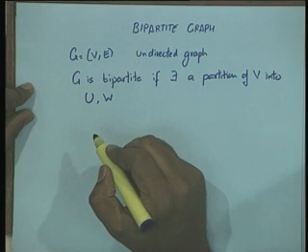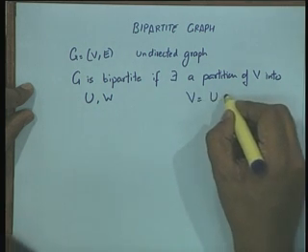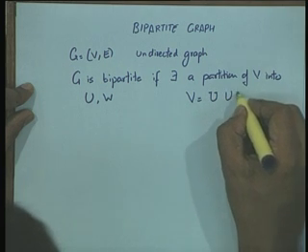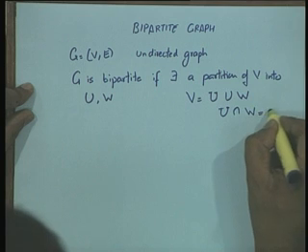What does partition mean? V equals U union W, U intersection W equals null.